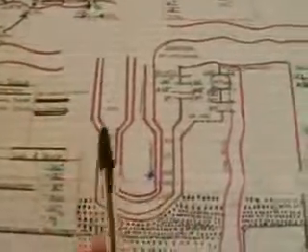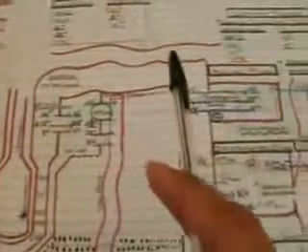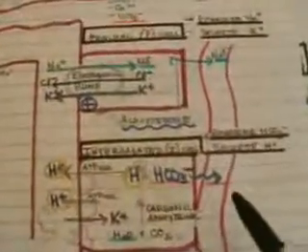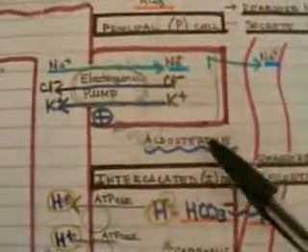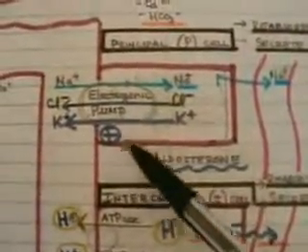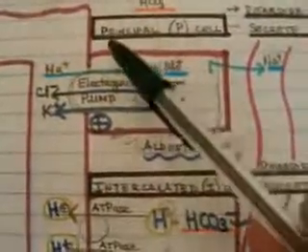If this is considered the nephron, you have the glomerulus that goes to the proximal convoluted tubule, loop of Henle, distal convoluted tubule, and now you have the collecting tubules. In the collecting tubules, aldosterone is released from the adrenal gland, comes in through the capillary system, and interacts with the principal P cells of the collecting tubules.